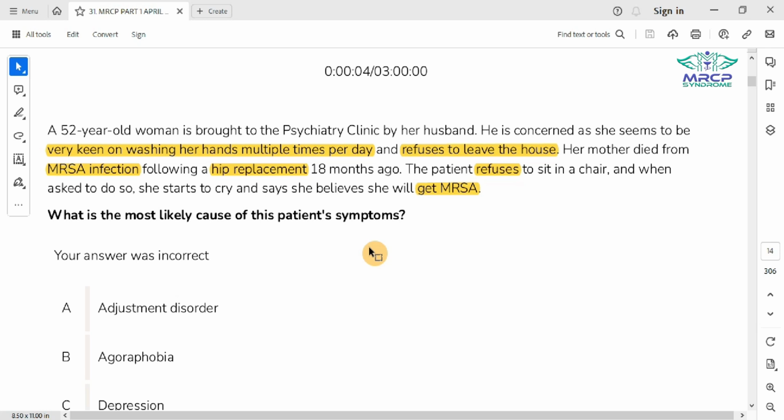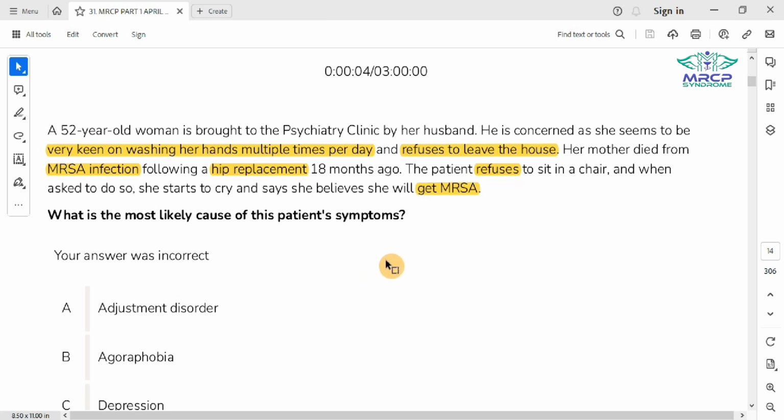He is concerned as she seems to be very keen on washing her hands multiple times per day and refuses to leave the house. Her mother died from MRSA infection following a hip replacement 18 months ago. The patient refuses to sit in a chair, and when asked to do so, she starts to cry and says she believes she will get the MRSA. So what is the most likely cause?